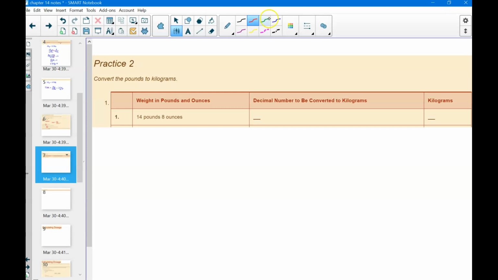So first of all, converting into a decimal, we have 14 pounds. Back in the old days, lbs is the symbol for pounds, because pounds is just too long to write out, of course. And 8 ounces, where the symbol is oz.